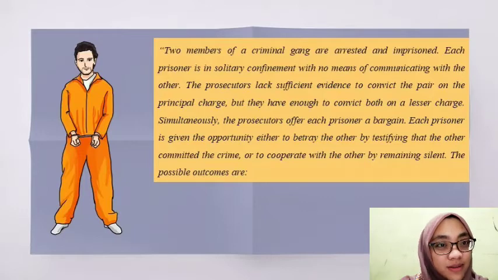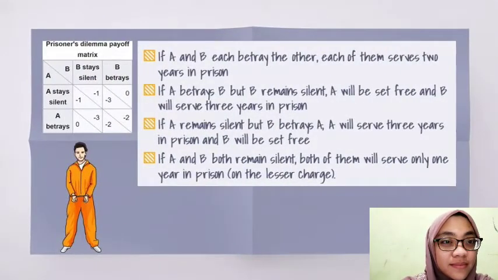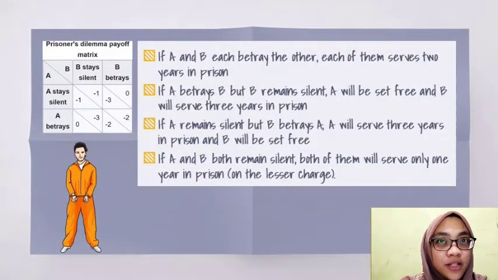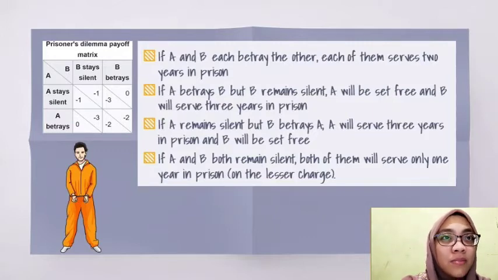The possible outcomes are: the first is if A and B each betray the other, each of them serves 2 years in prison. The second is if A betrays B but B remains silent, A will be set free and B will serve 3 years in prison.